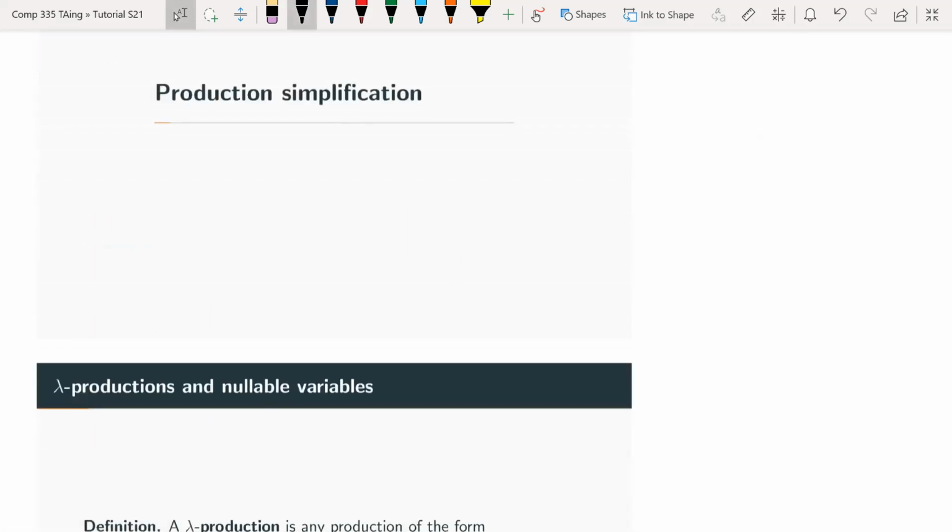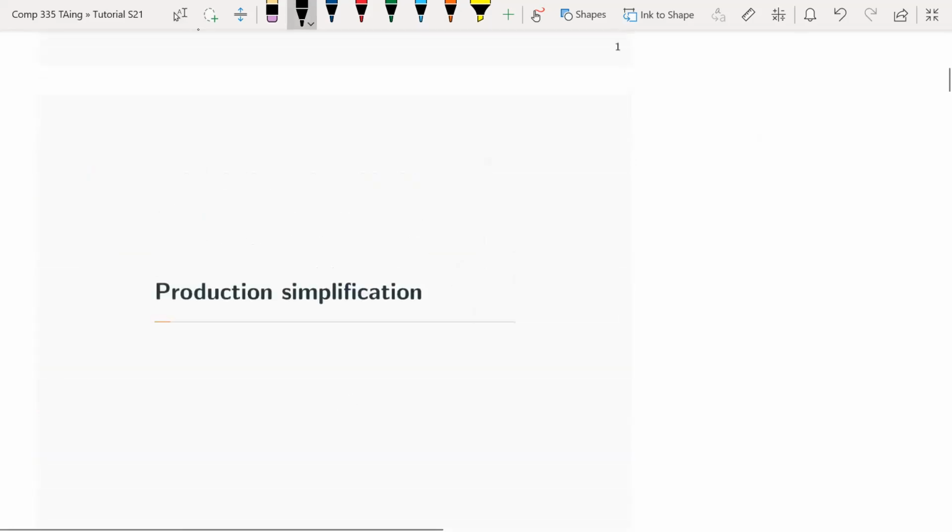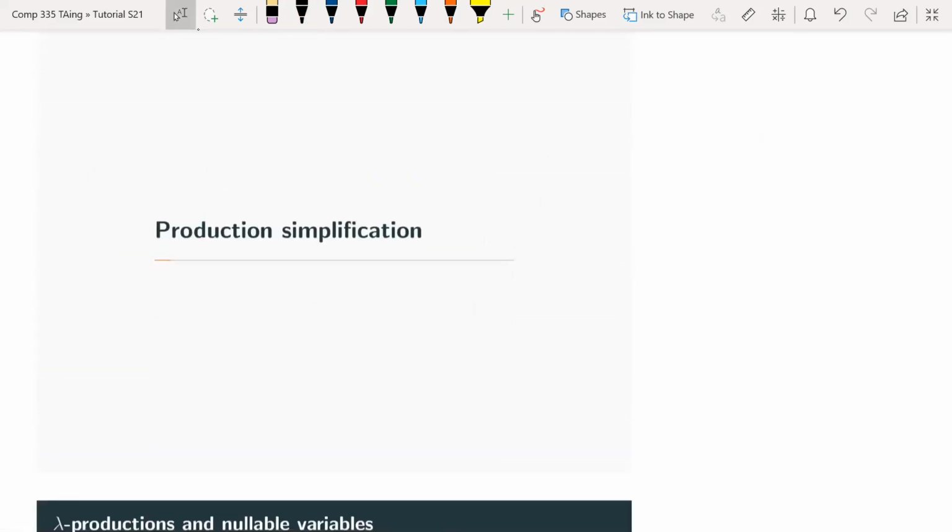Production simplification. So the whole idea behind this section is you're given a grammar G, and this grammar has some undesirable productions. One such undesirable production is a lambda production, which we're about to see. For every such undesirable production, we want to convert G to an equivalent grammar G prime.